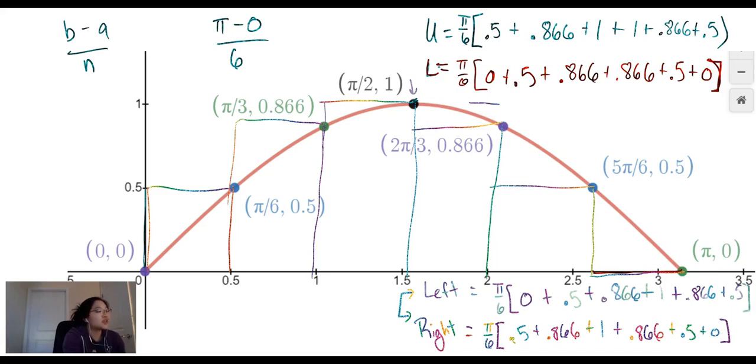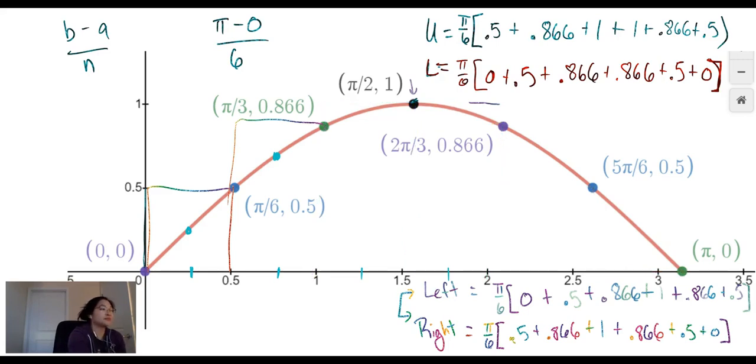Midpoint. We need to look at our function evaluated... Oh man, this is getting so long. We need to look at our function evaluated at 0.25, at 0.75, sine of 1.25, sorry, I can't speak words. I did that wrong.